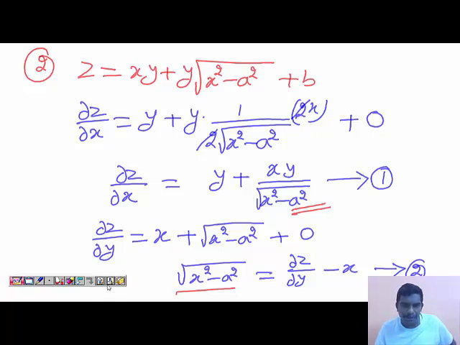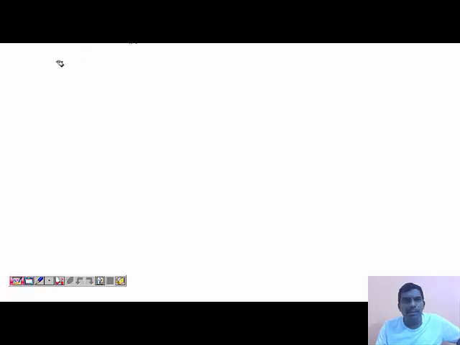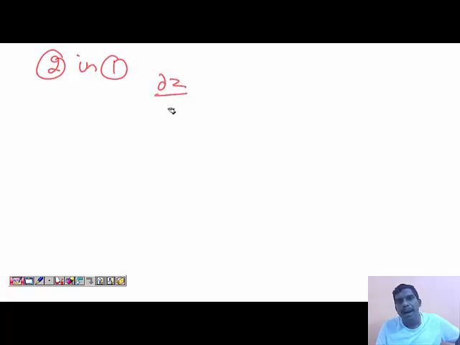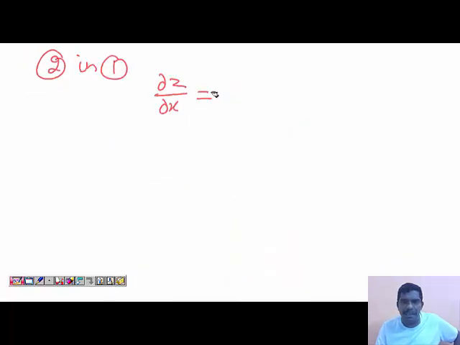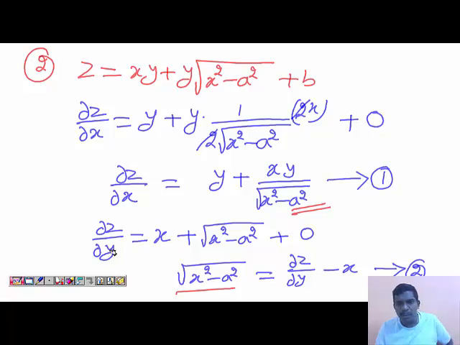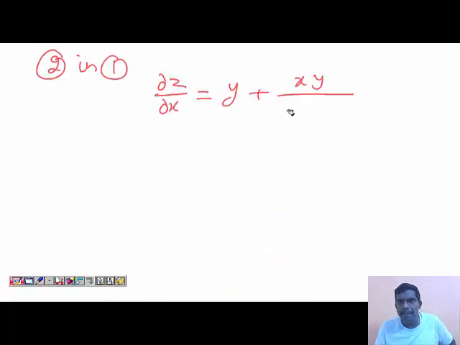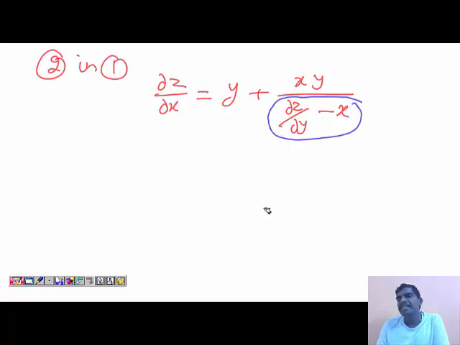Therefore, by substituting 2 in 1, we have dou z by dou x, which is equal to y plus xy whole divided by, for this you can write dou z by dou y minus x. This is what we have taken from the second equation, and we have substituted.